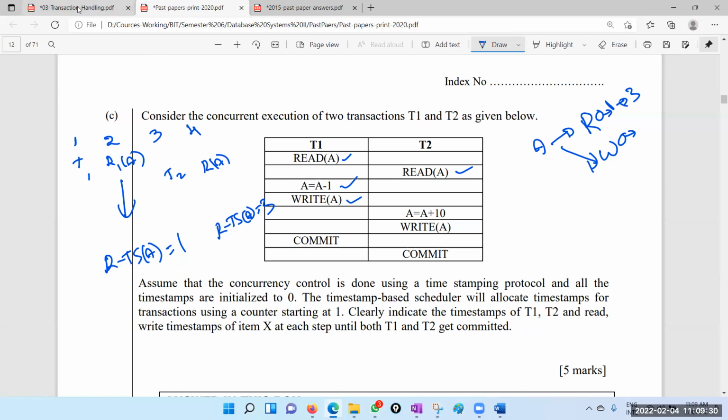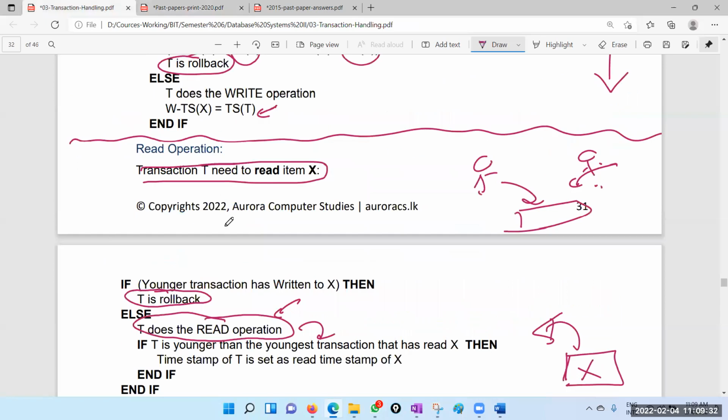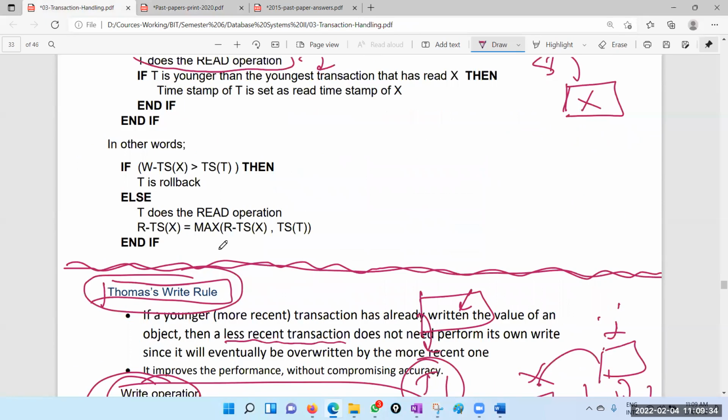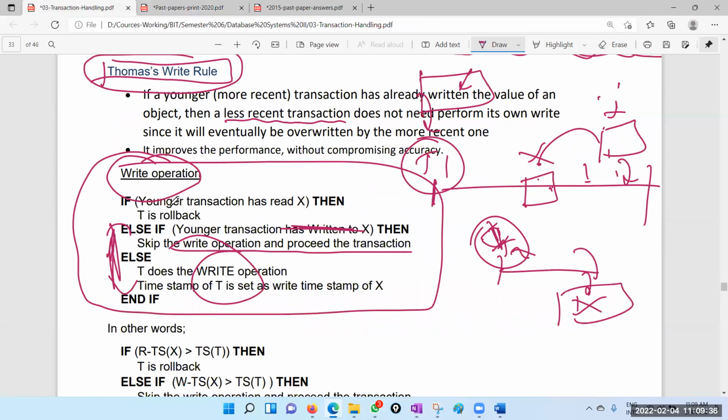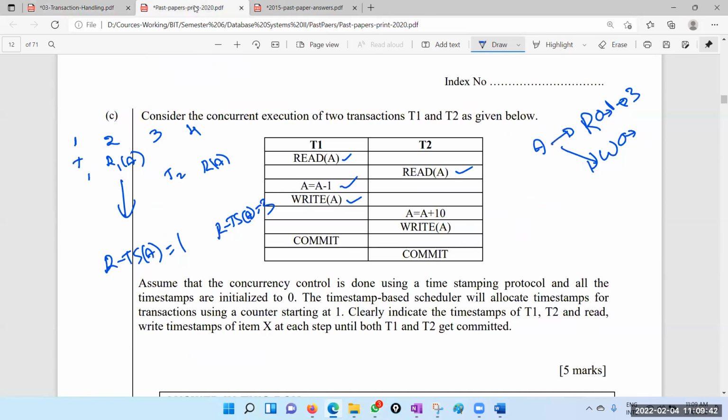Look at the logic again. So write. If a younger transaction has read, you have to roll back. Now you can see a younger transaction has read A. So therefore, what we have to do? You have to roll back. Say this is your 5th time unit.